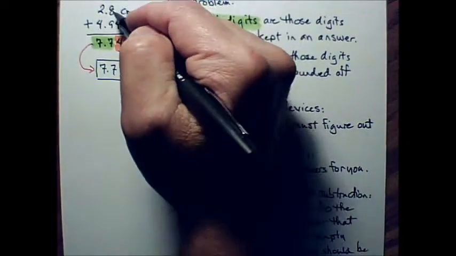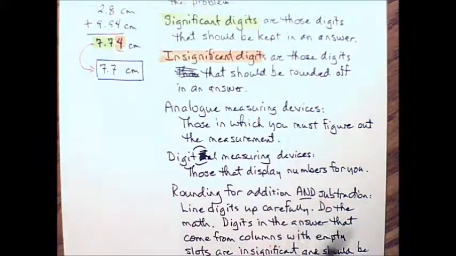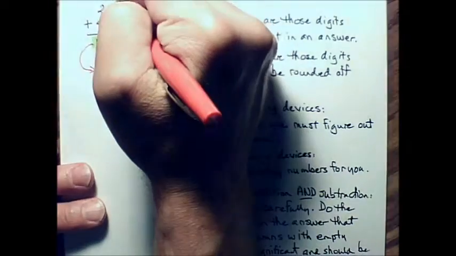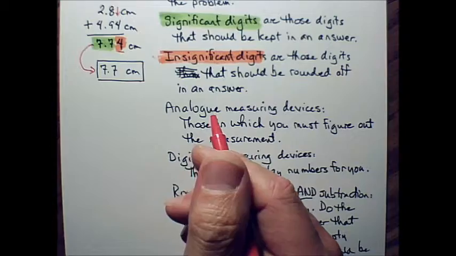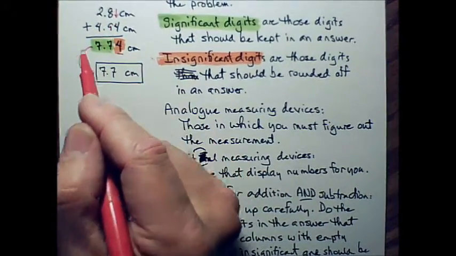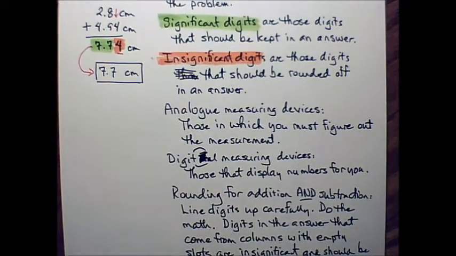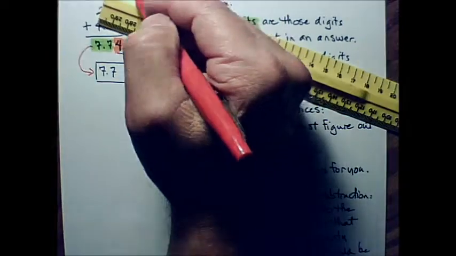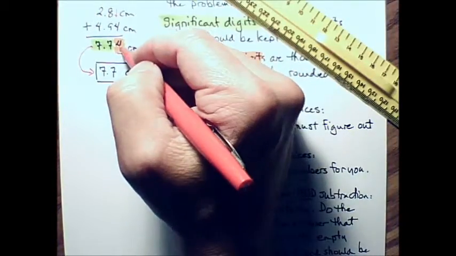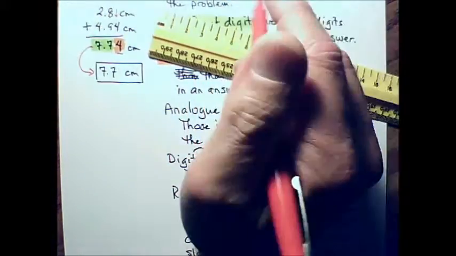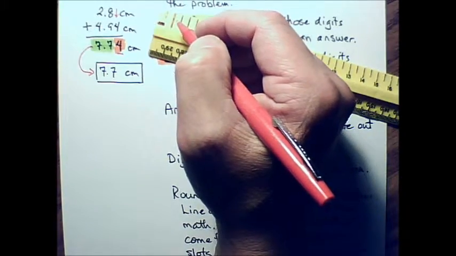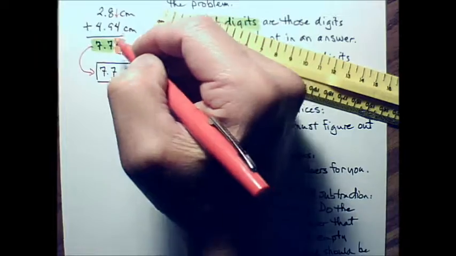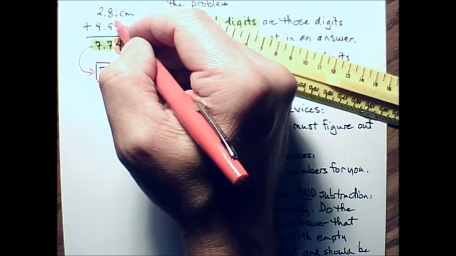We had an empty slot above this 4. Now, you can't put a 0 here, because if you put a 0 there, you are lying about the precision of that measurement. On this measurement device, we didn't have any markings to the hundredths place. We didn't have measurement markings to the tenths place. So we couldn't reasonably estimate to the hundredths place.